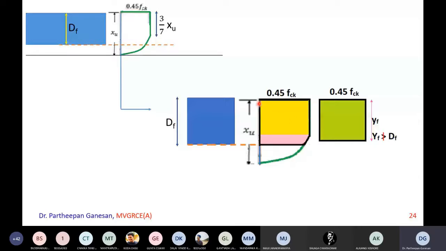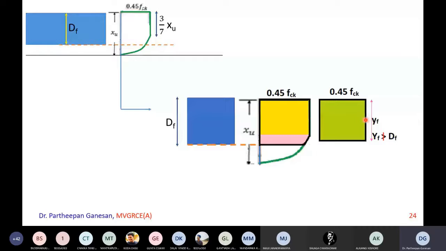So you have a stress block of 0.45 fck. This yellow color is the uniform stress distribution. This pink color is the parabolic distribution. For a depth of Df, you are changing this stress distribution into a stress of 0.45 fck alone, but as a rectangular distribution, and the depth of the rectangular distribution is Yf.